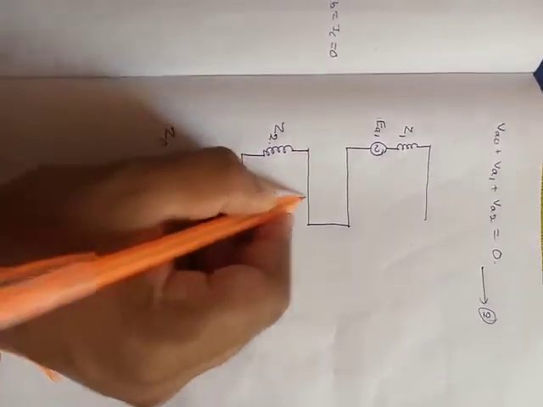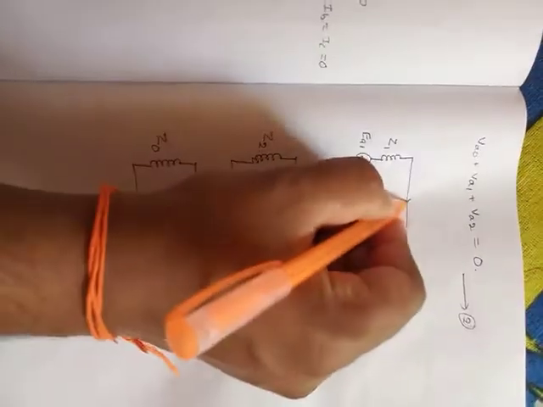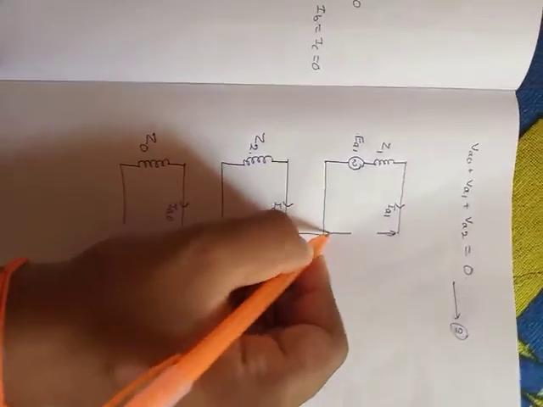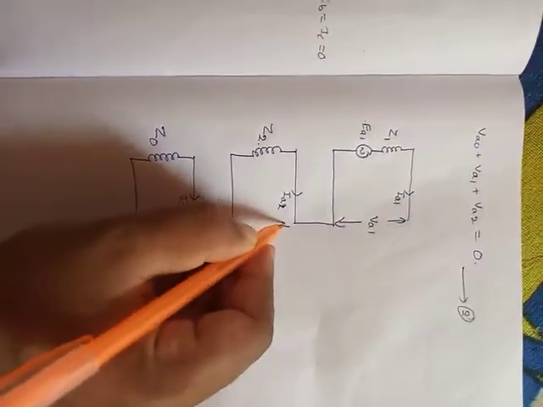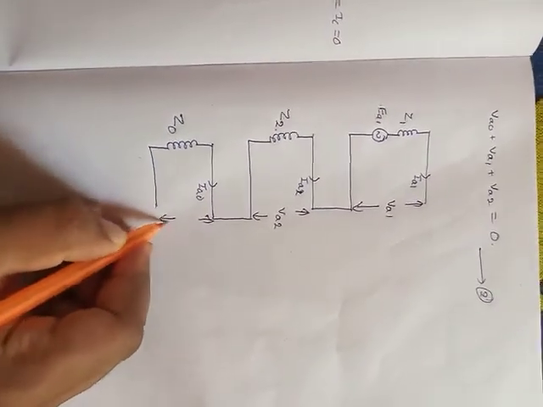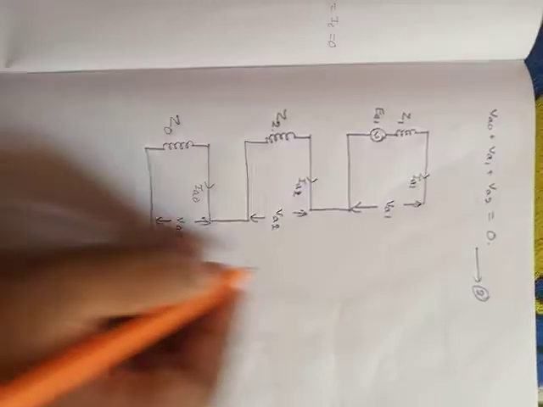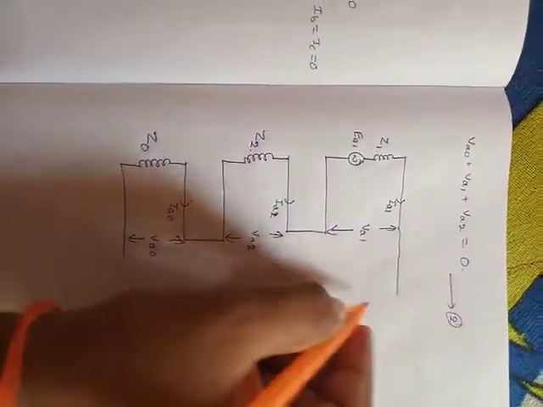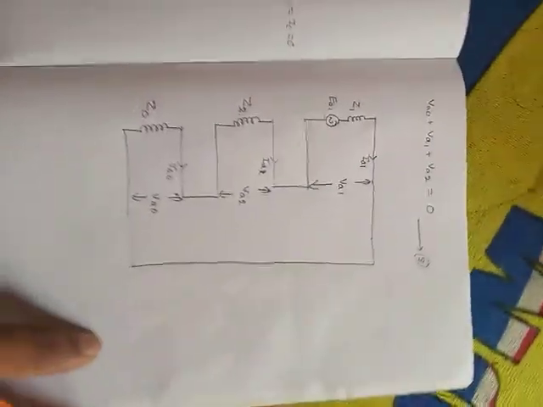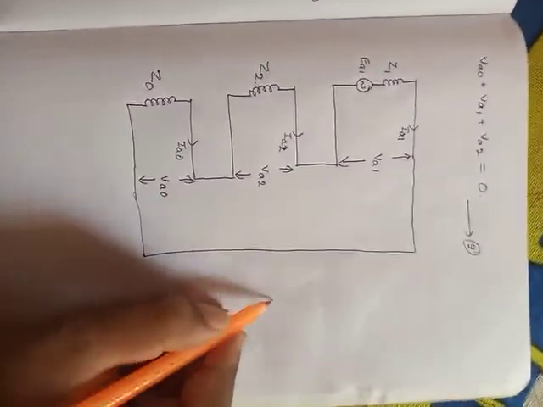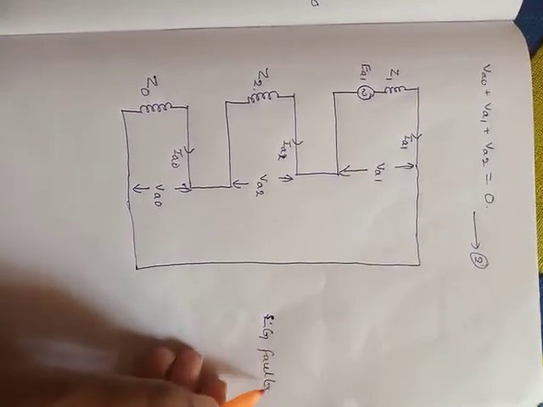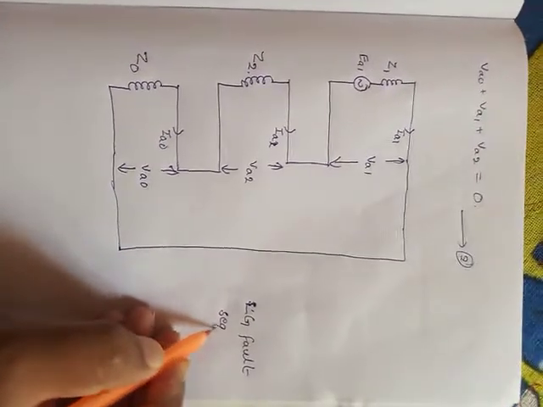This is Ia0, this is Ia1, this is Ia2. And this is the voltage Va1, this is the voltage Va2, this is the voltage Va0. We also know that the sum of these three voltages is equal to 0, so we can short this network. This is the single line to ground fault equivalent sequence network.